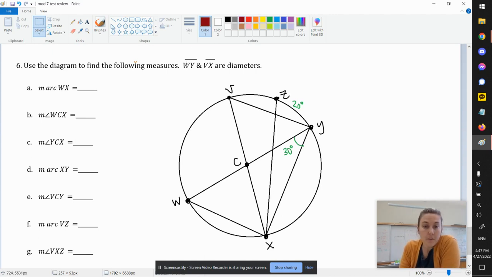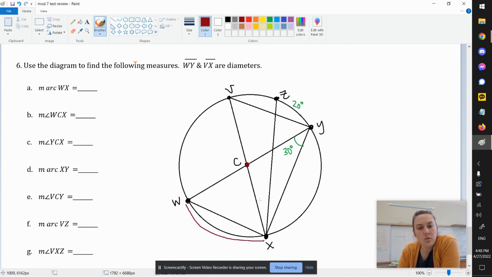Let's get started. The first thing we want to know is when we read the directions, we know that WX and VX, WY and VX are both diameters, which means C is the center of the circle. Cool. We want to know first, arc WX.